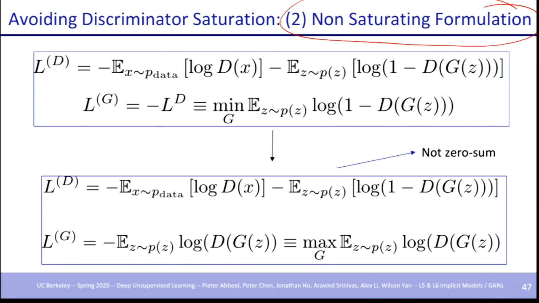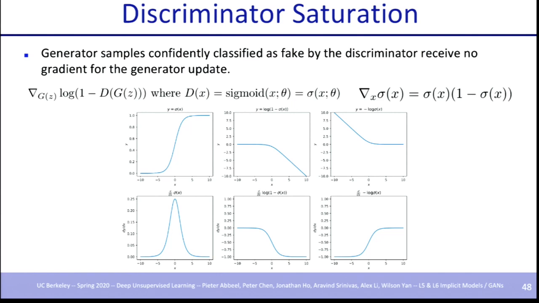It's a little bit of math here, but let's actually look at the plots. Here is our y equals log of 1 minus sigma x. And instead, we can maybe look at y equals minus log of sigma x. This is a slight tweak to the objective. It's looking at the other side in some sense. You have two terms in your objective, log of sigma x and then log of 1 minus sigma x.